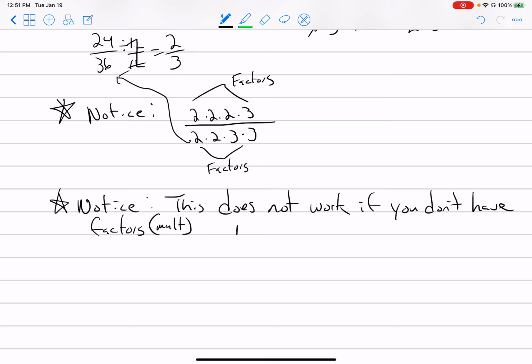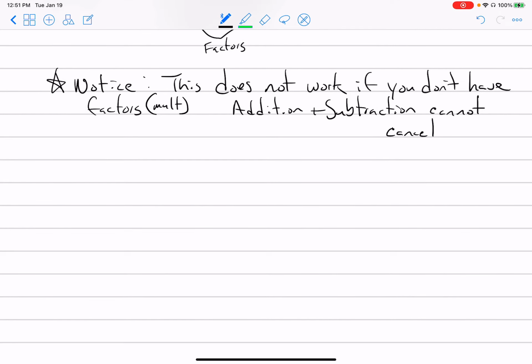Addition and subtraction cannot cancel. And this is a key. We're going to be talking about when can I cancel stuff out and when can I not? When you have a lot of stuff that's being multiplied together, you could do a lot of canceling. As soon as you start getting addition and subtraction, canceling doesn't work.